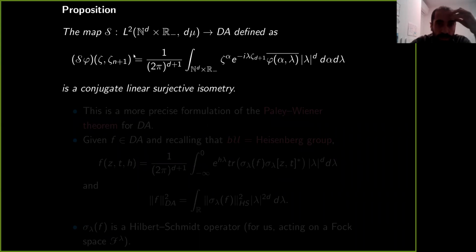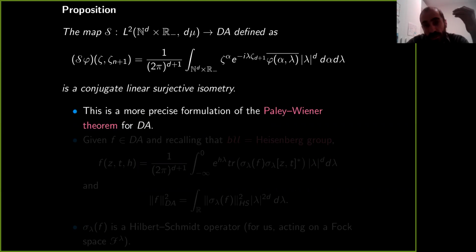It's quite a complicated formula if you read it for the first time, but what I want to point out is that this is a more precise formulation of the Paley-Wiener theorem for A, meaning this is nothing more than the inverse Fourier transform on the Heisenberg group for a given function on the Drury-Arveson space.